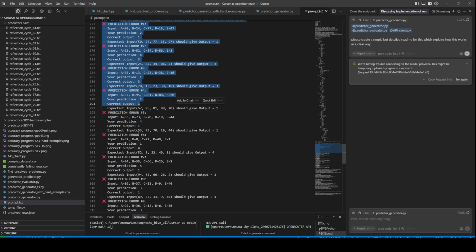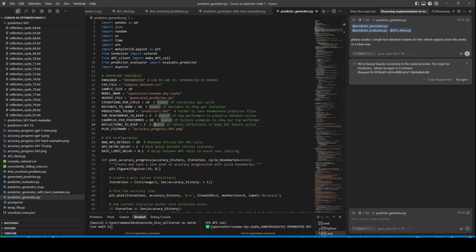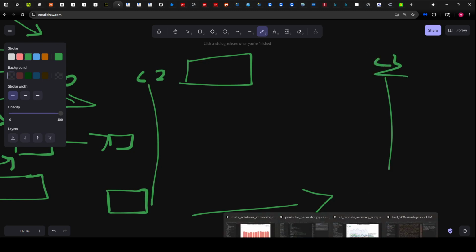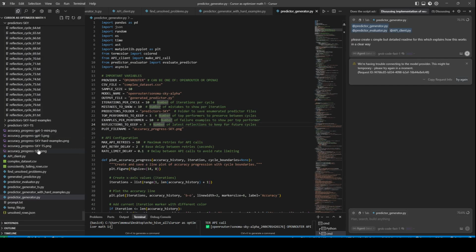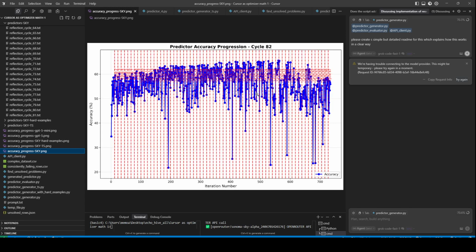See, these are where the errors have happened. Also, the previous three reflections. So we pass those on to the next cycle, and then we repeat. So that goes into the next cycle, cycle three, and each time you see in the plot these little red perforated lines, that means we are moving on to another cycle.